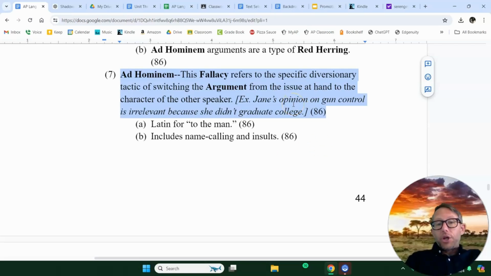So, "Jane's opinion on gun control is irrelevant because she didn't graduate college," okay? Now, her opinion, I think, can be relevant regardless of whether she did or didn't graduate college.